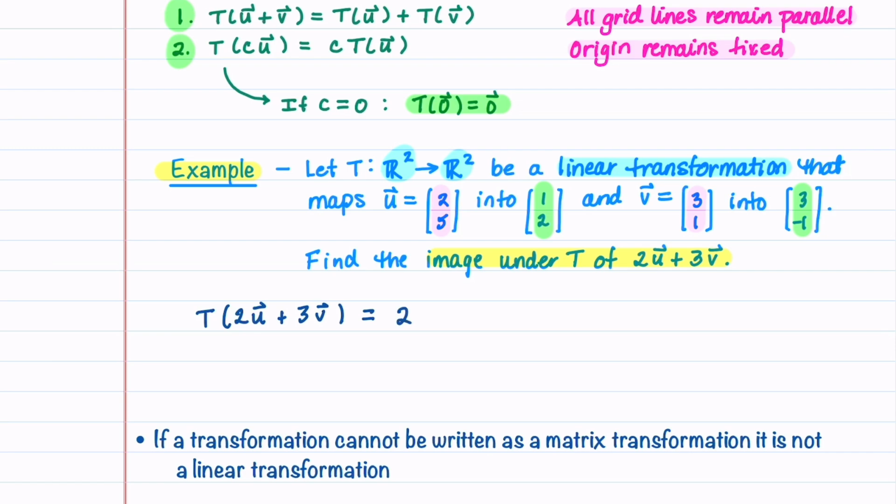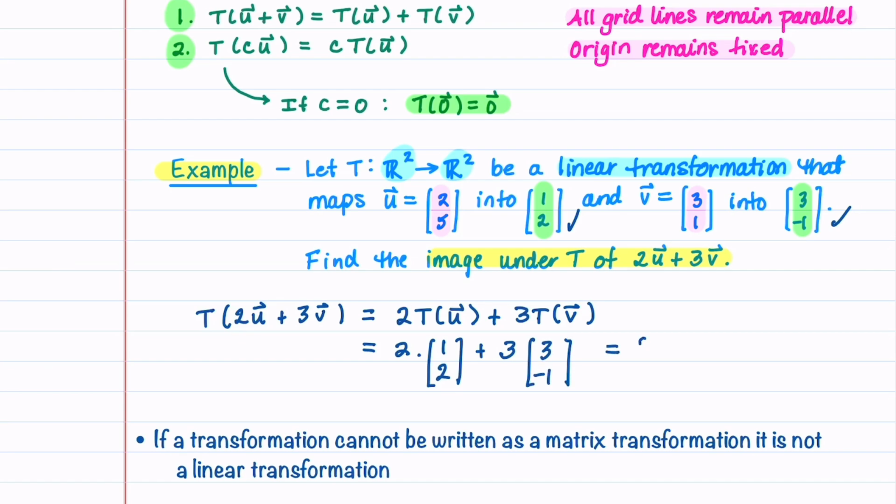This gives us 2 times T of U plus 3 times T of V. This is equal to 2 times T of U. T of U is the vector that U mapped into, which is this vector, 1, 2, plus 3 times T of V. T of V is the vector that V mapped into, and that's this vector, 3, minus 1.